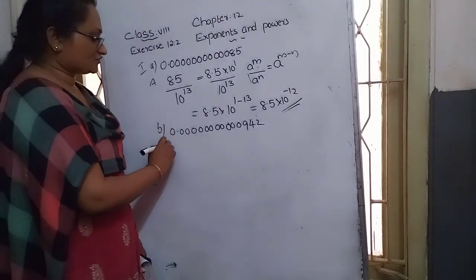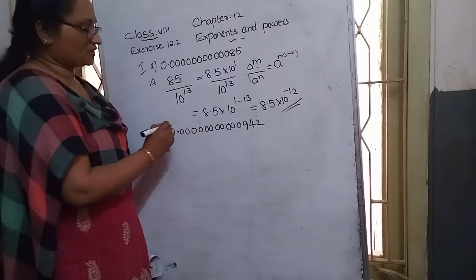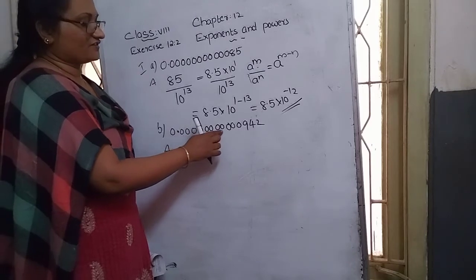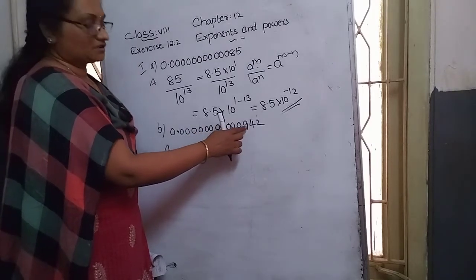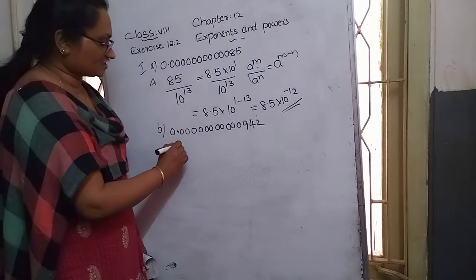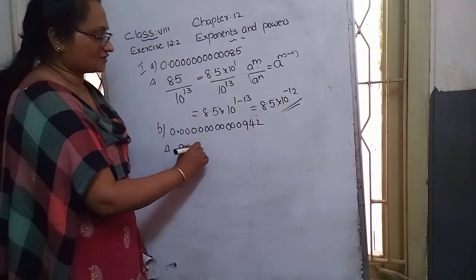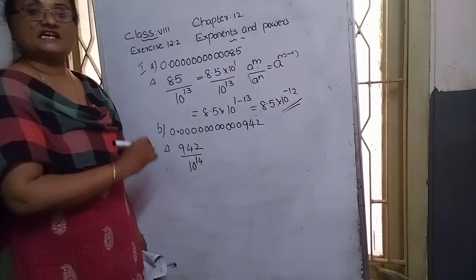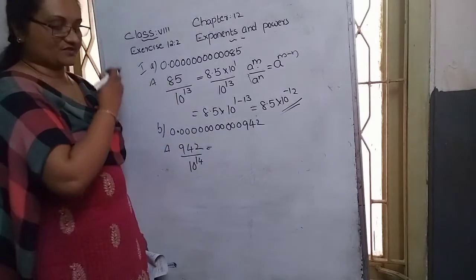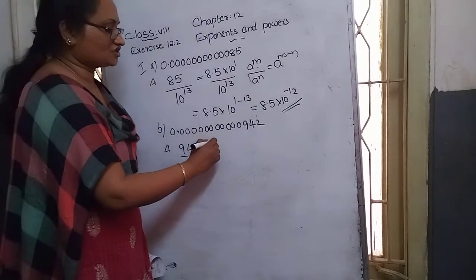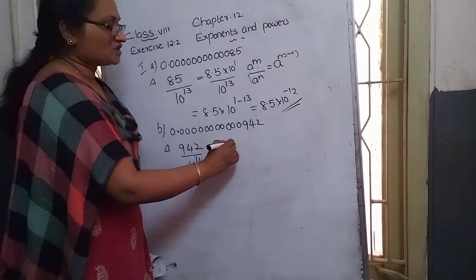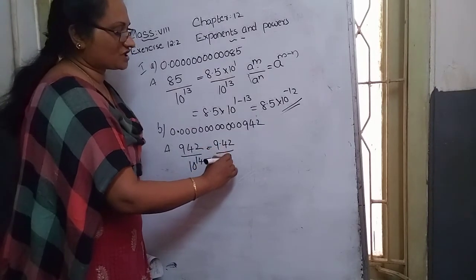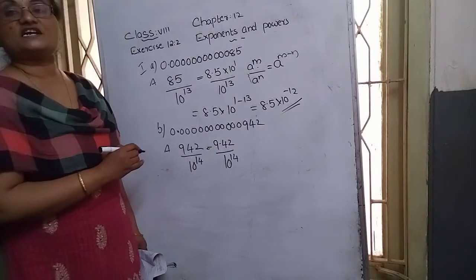Here also, first we count how many digits are after the decimal point. 1, 2, 3, 4, 5, 6, 7, 8, 9, 10, 11, 12, 13, 14 digits. That's why we can write it as 942 by 10 power 14. Then standard form means from left to right take one digit and put the decimal point. So we can say 9.42. The denominator part has no change, 10 power 14.